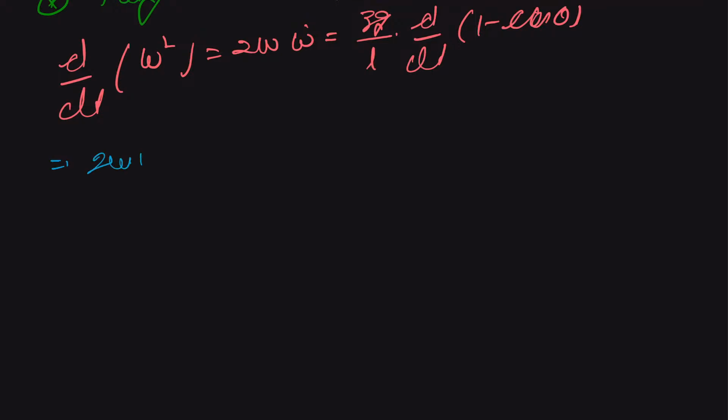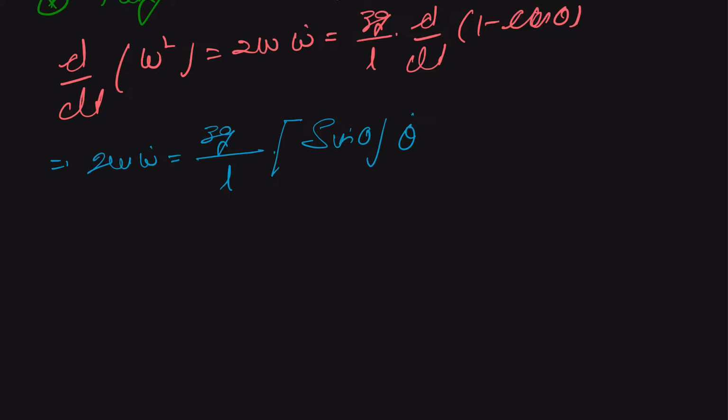So from here we get 2 omega dot is equal to 3G upon L times sine of theta times theta dot.